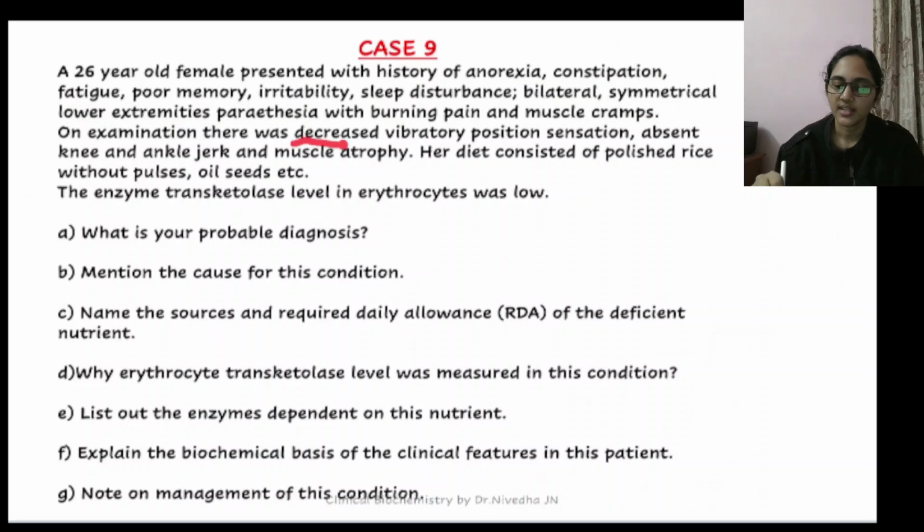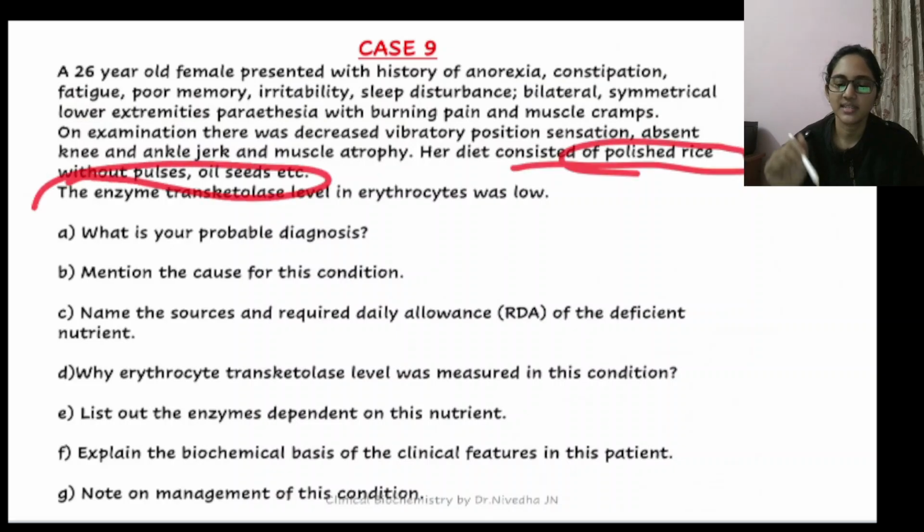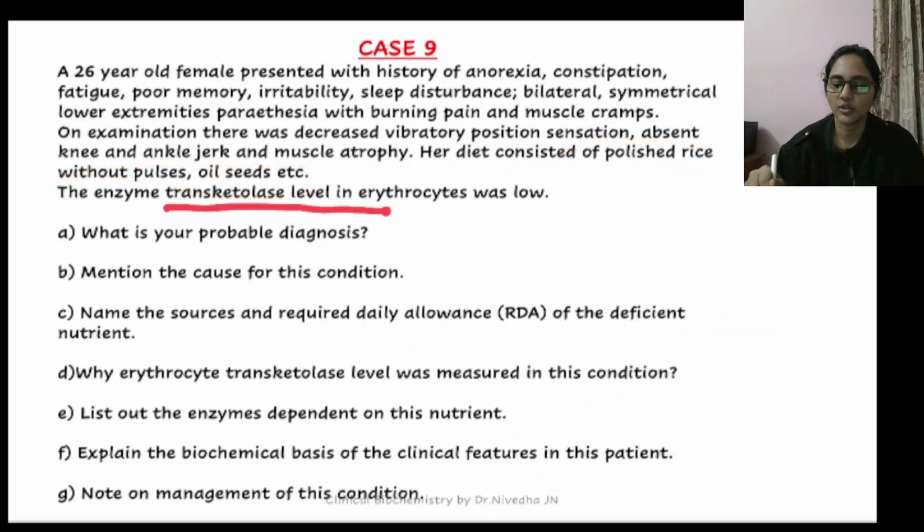On examination, there was decreased vibratory position sensation, absent knee and ankle jerk, muscle atrophy. Her diet consisted of polished rice without pulses and oil seeds. Enzyme transketolase level in RBC was low. Tell me the diagnosis.